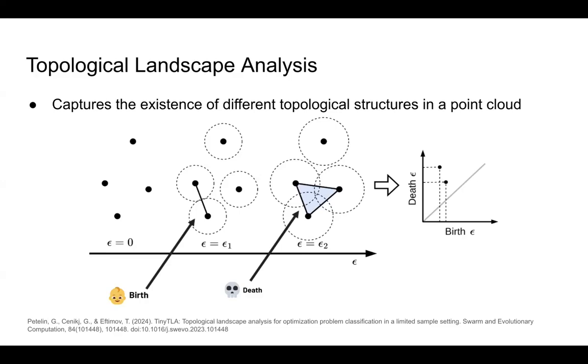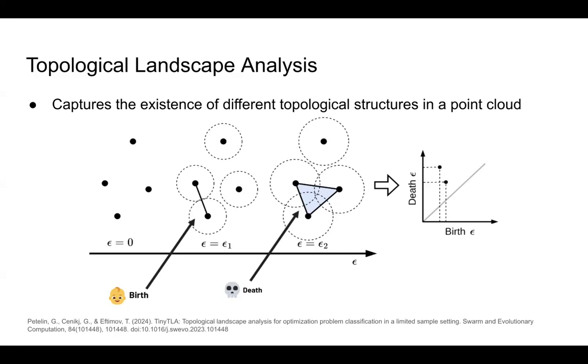So, for example, in this case, we have at epsilon 0, there are no connections in the point cloud, but then at epsilon 1, there is an edge forming between these 2 points. Then at a larger radius there is a triangle formed here, and the methodology is capturing when each of these structures, so the edge and the triangle, are appearing.